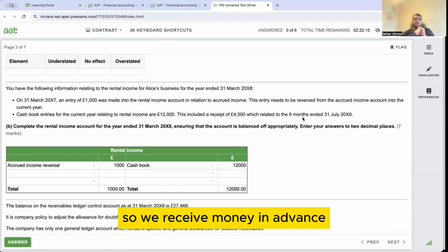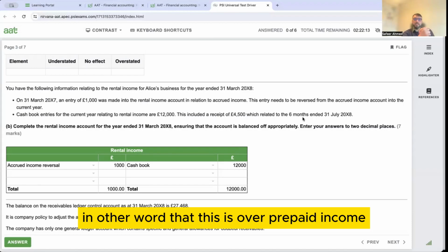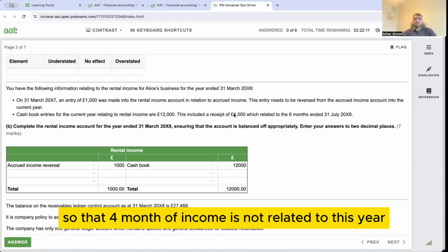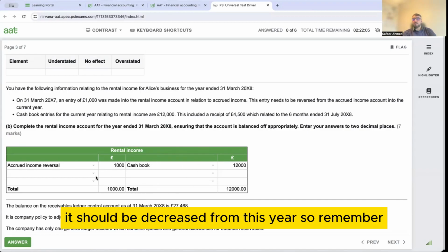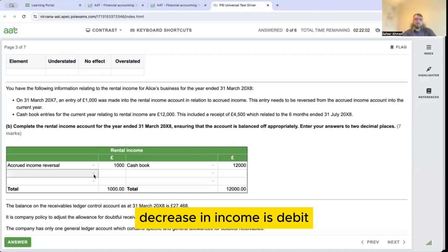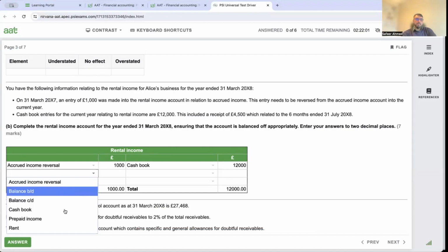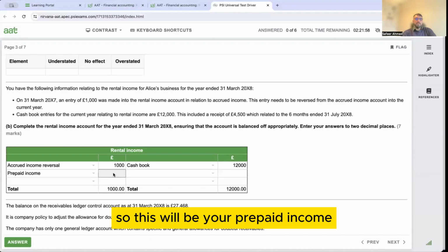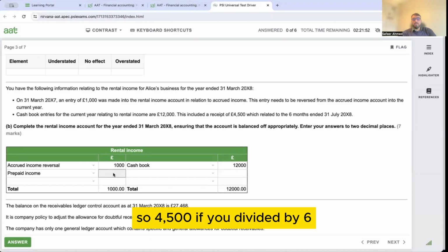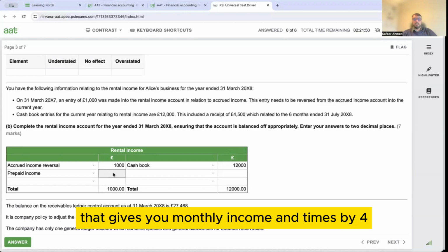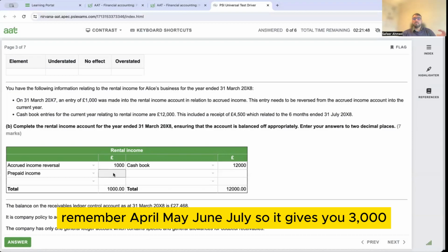So we received money in advance. In other words, this is our prepaid income. So that 4 months of income is not related to this year. So it should be reduced, it should be decreased from this year. Remember, decrease in income is debit. So this will be your prepaid income. But 4,500 is for the entire 6 months. So 4,500, if you divide it by 6, gives you monthly income, and times by 4, remember, April, May, June, July, it gives you 3,000.